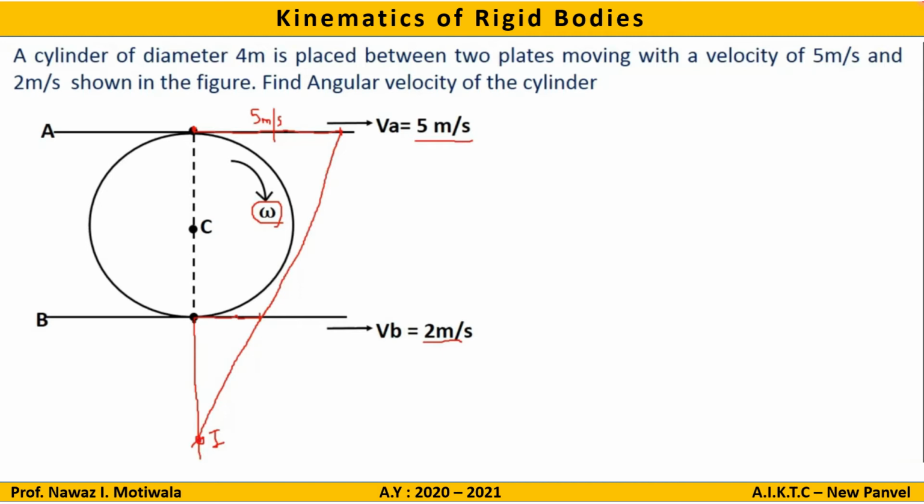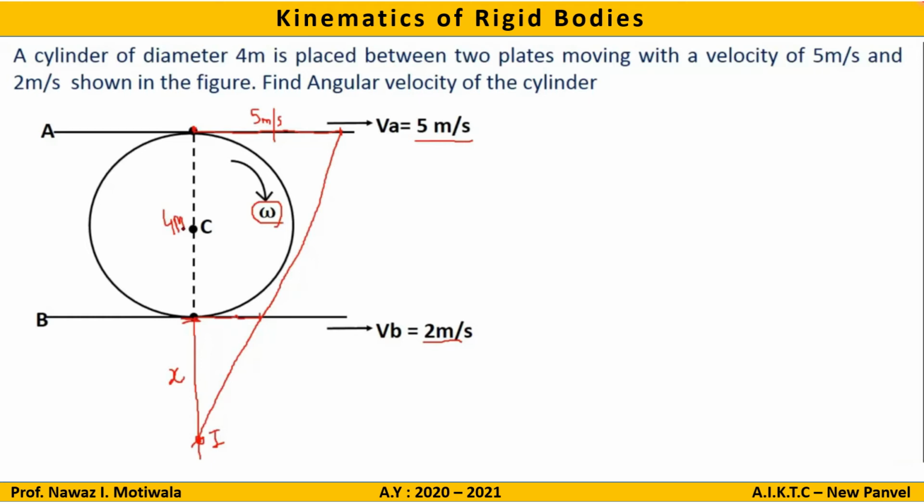Now let us assume that this ICR, point I, lies at a distance of x from this point. I am just assuming that this distance is x. The total distance of this entire line is nothing but the diameter of the circle, which is given to us as 4 meters.